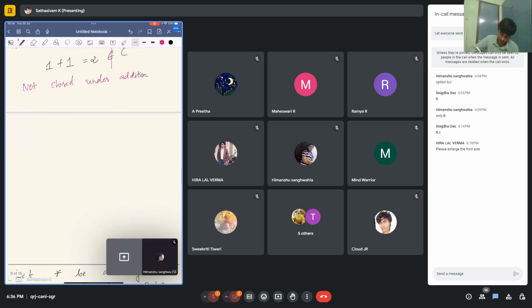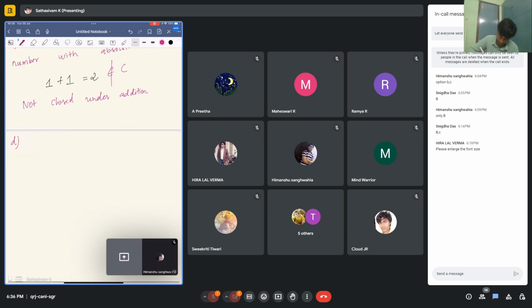This is C. So this D is the set of all rational numbers such that, maybe you have to write, with absolute value greater than 1, and 0.